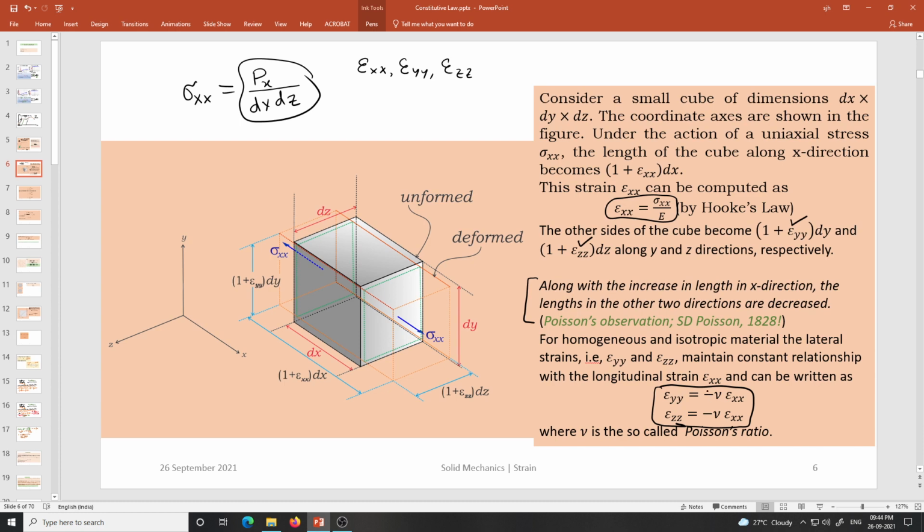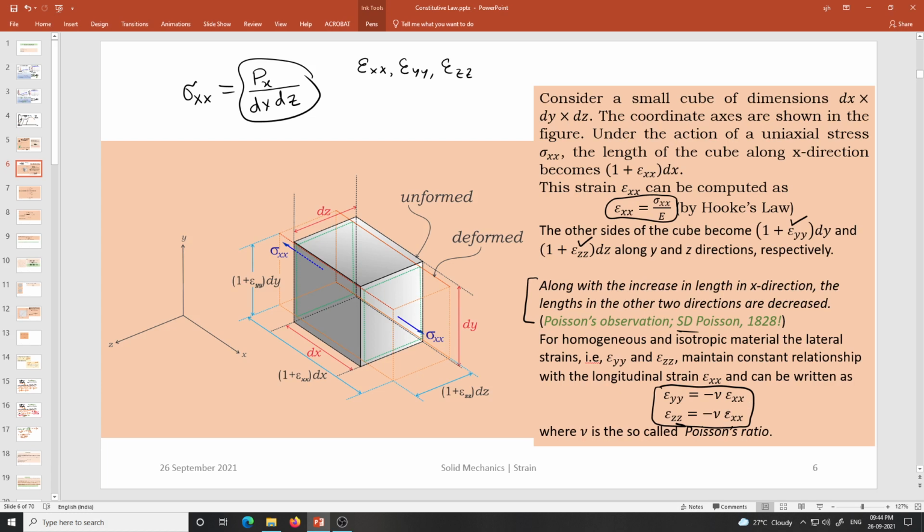The minus sign accounts for the contraction, opposite direction straining, and the nu value is a material parameter, known as the Poisson's ratio. Therefore, respecting Poisson's observation, epsilon yy and epsilon zz can be computed as minus nu times epsilon xx.